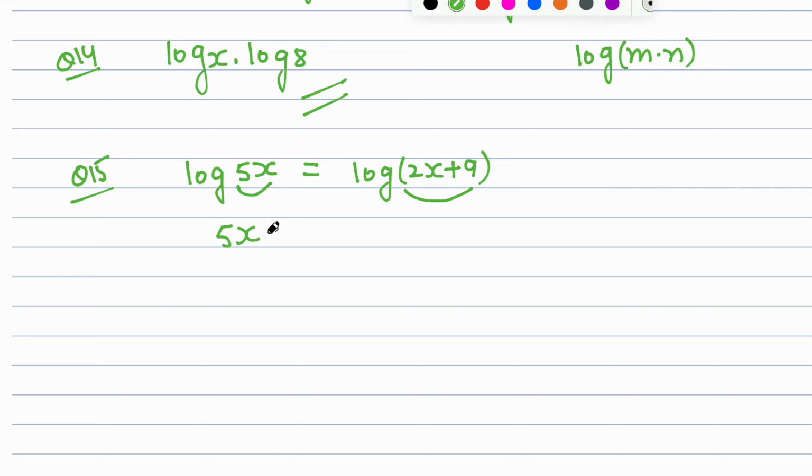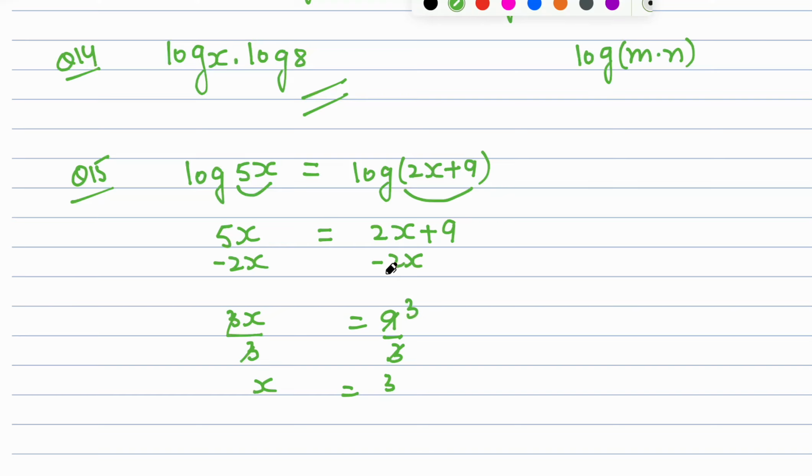So these are equal only if 5x is equal to 2x plus 9. Subtracting 2x on both sides, it's 3x is equal to 9. Dividing by 3 on both sides, x is equal to 3.